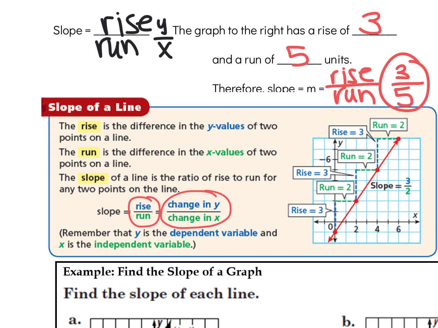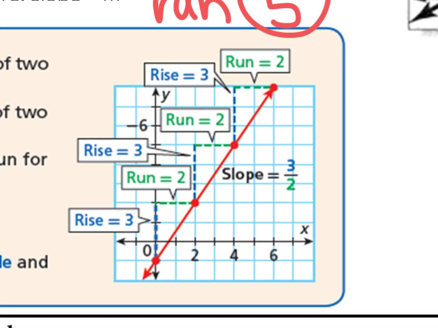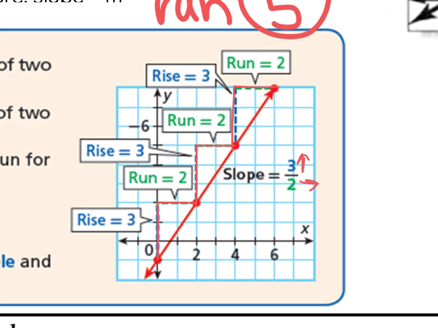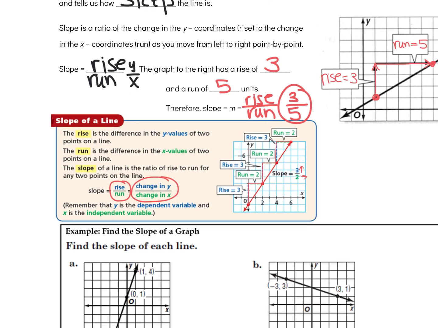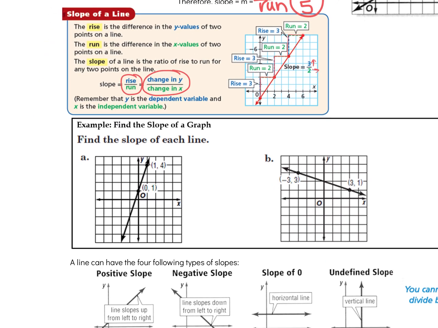So here our slope was 3/2, because to get from one point to the next, I was going up 3 to the right 2, up 3 to the right 2, up 3 to the right 2. Rise on top, run on the bottom, up 3 to the right 2. So we're really finding that pattern in the points on the graph.